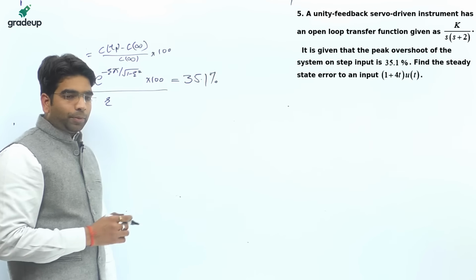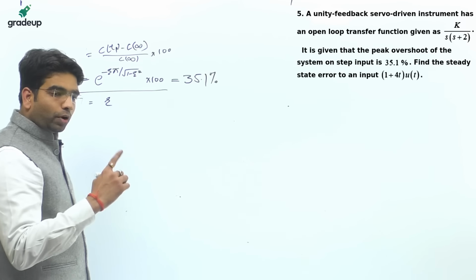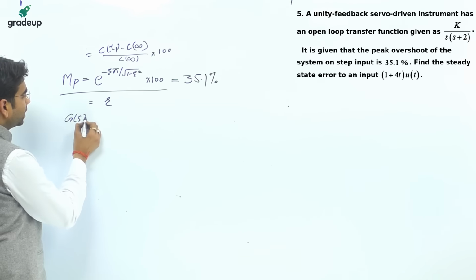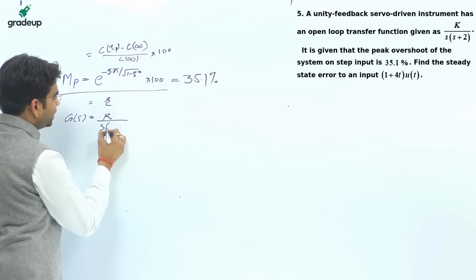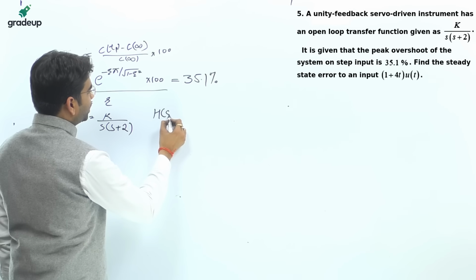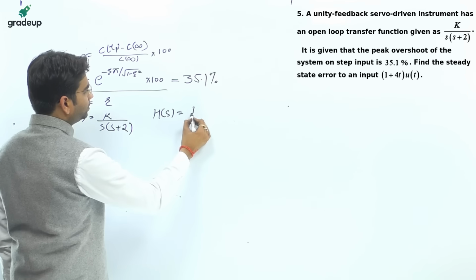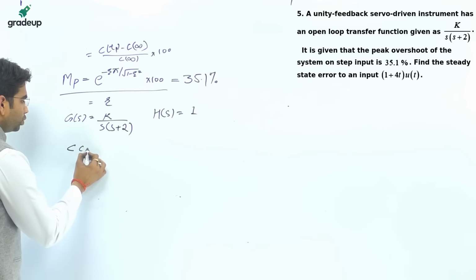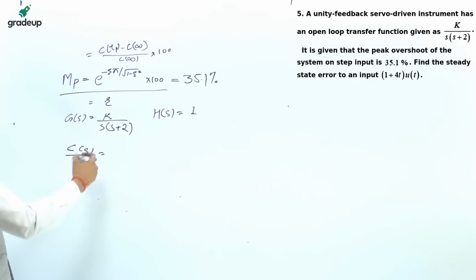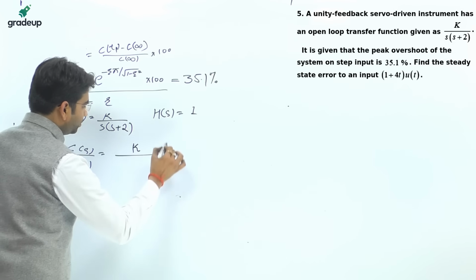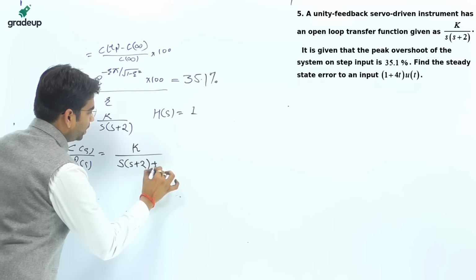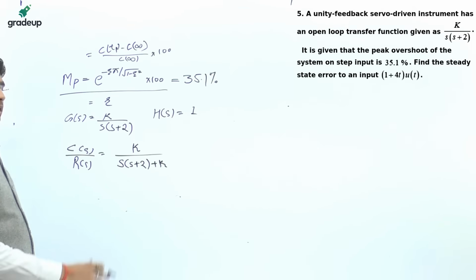The question which is appearing on your board, it has the forward loop transfer function G of S is equal to K upon S, S plus 2. Okay, and the feedback loop transfer function was H of S is 1. So the closed loop transfer function C of S upon R of S is equal to, again try to manage it from this place, K upon S, S plus 2 plus K. सही है?